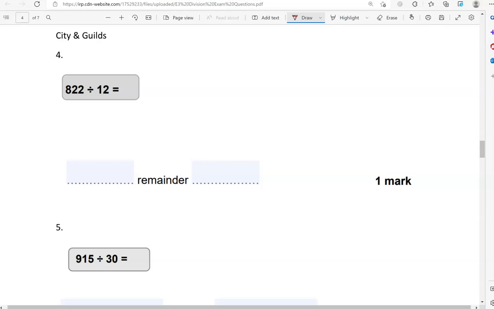We've got to work out 822 divided by 12. Okay, so 822 divided by 12. How many 12s fit into 82? Let's have a look. 12 and 12, that is 24. We still need to keep going because we're no way near the 82.